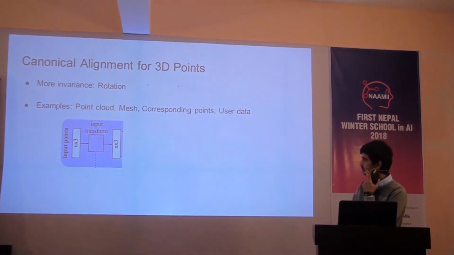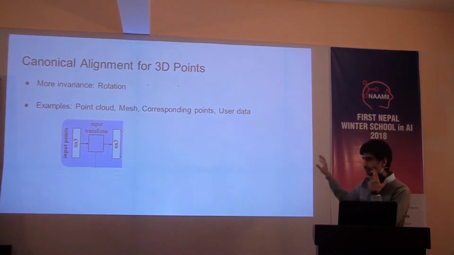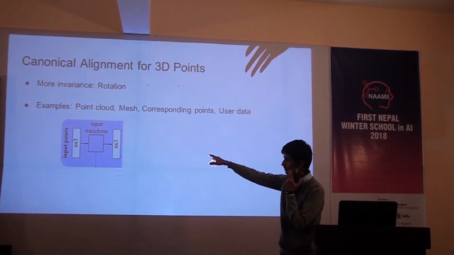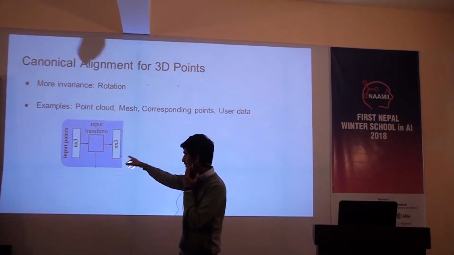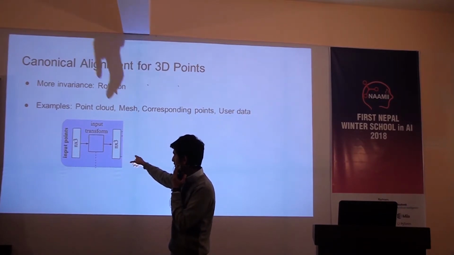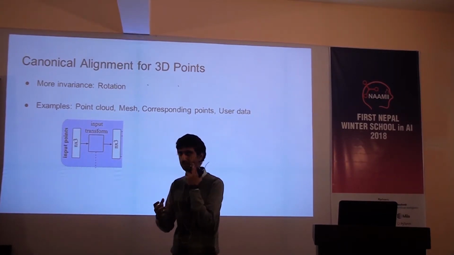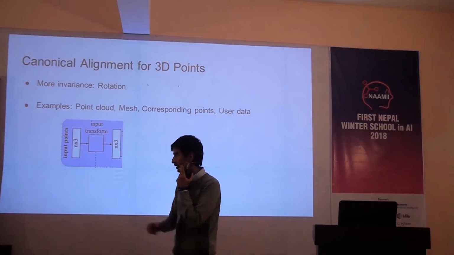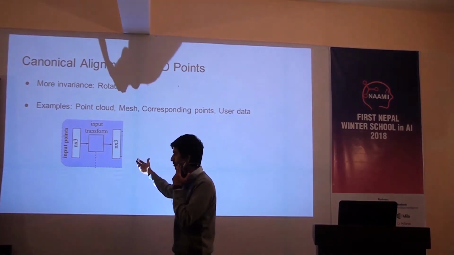So this is the big network. The first part is you transform your input to a canonical rotation. It doesn't change the scale. It doesn't change the structure of the point cloud or your data. It just rotates it to a particular configuration.